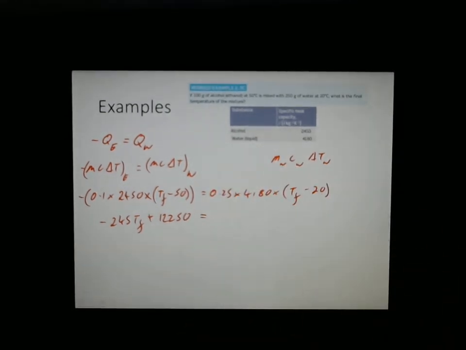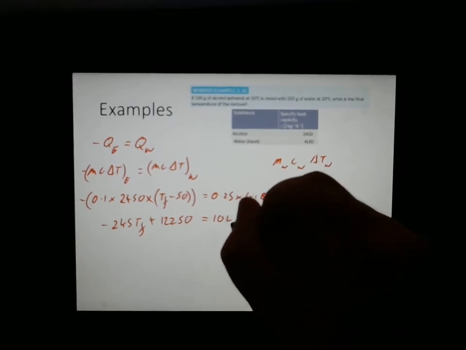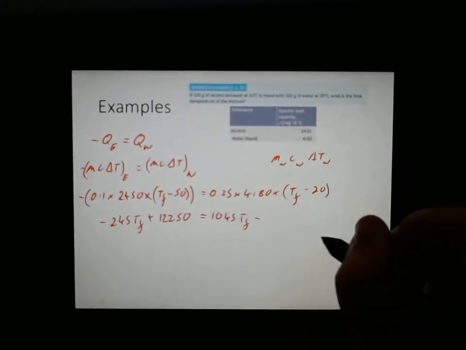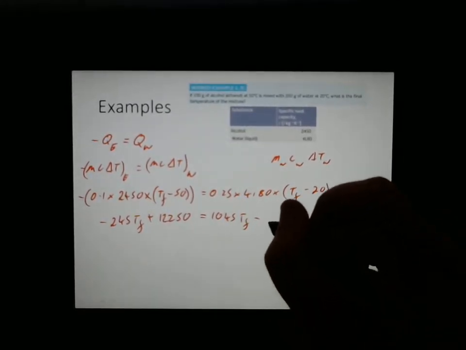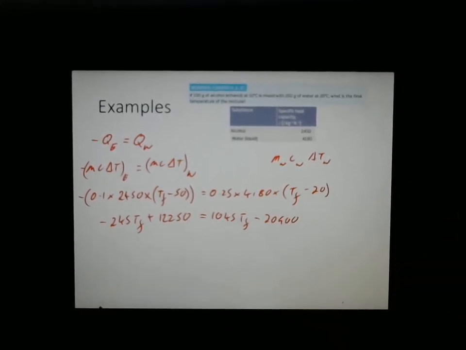0.25 times 4180 is going to be 1045, and multiply that by a TF. 1045 TF minus, and that's going to be 20,900. Let's rearrange our stuff so that if we add that to that side and add that to that side, everything will be positive. If you look at the worked example, Walding makes everything a negative.